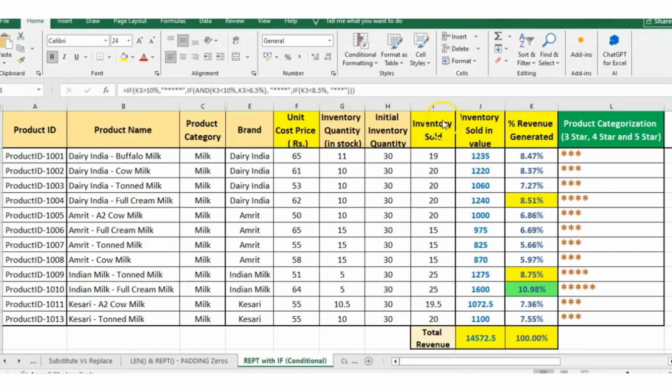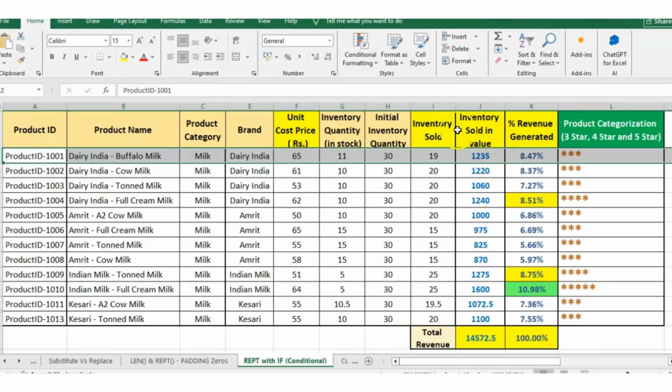Once we have the inventory sold for each product, we can get the inventory sold value of each product by multiplying the inventory sold for that product with the unit cost price of that product. So for example, row number 2, the inventory sold in value will be equal to multiplication of unit cost price with the inventory sold.